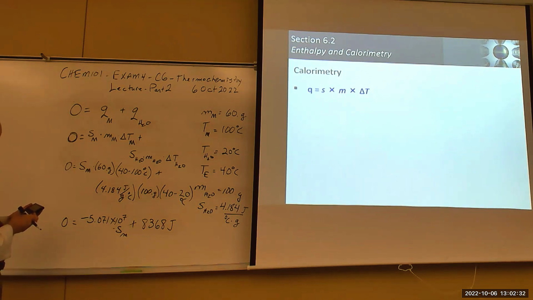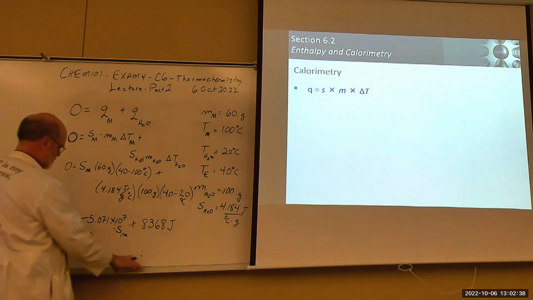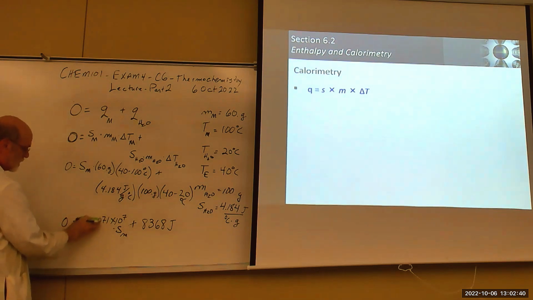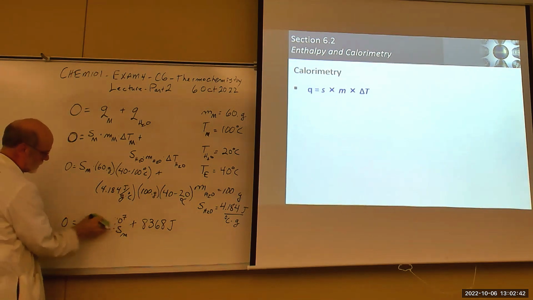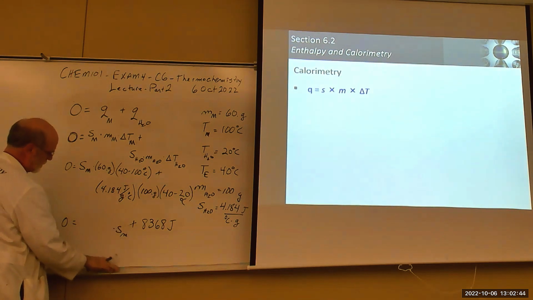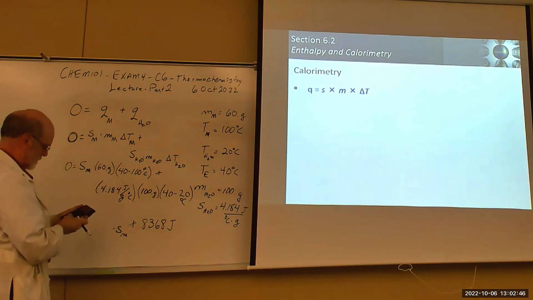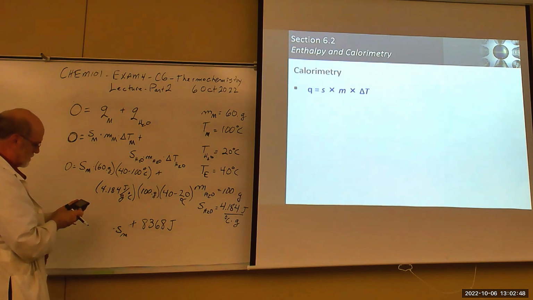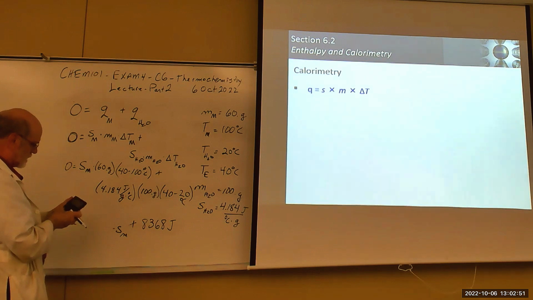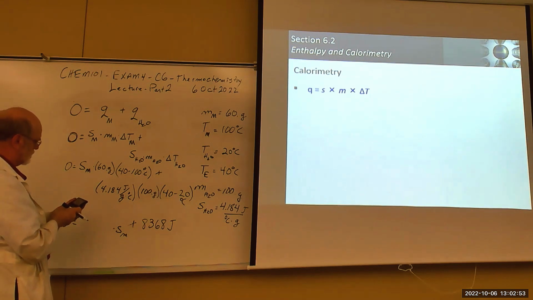So it's, wait a minute, I did something wrong. Yeah, I did something extremely wrong in my calculator. So let me do this one again. 60. Oops. Let's change the sign on 60. So this should be negative. 60 times that.